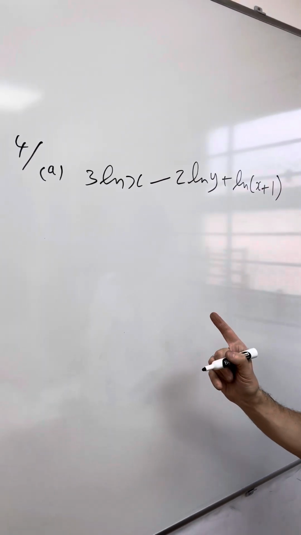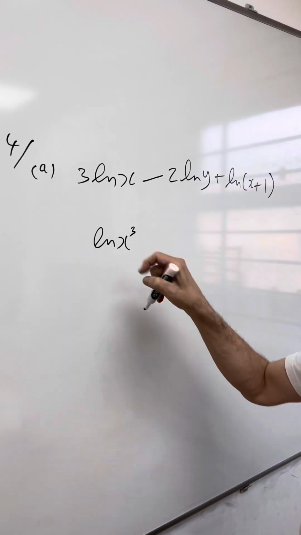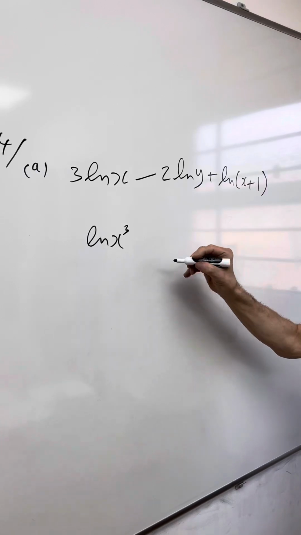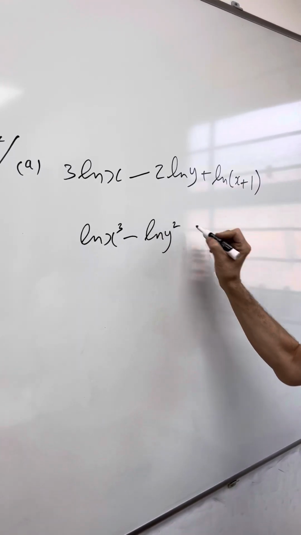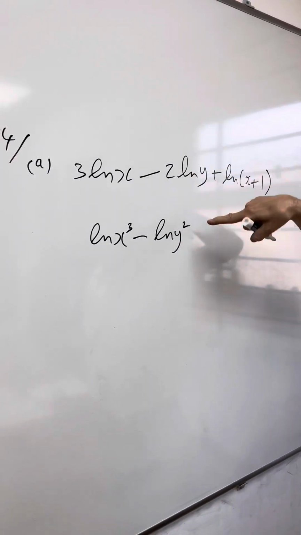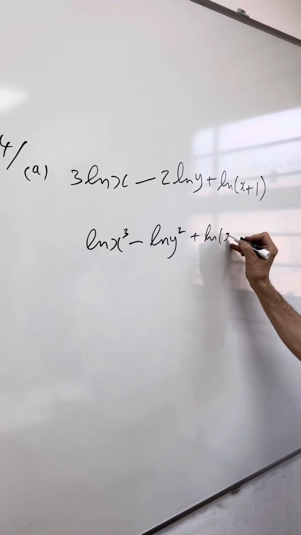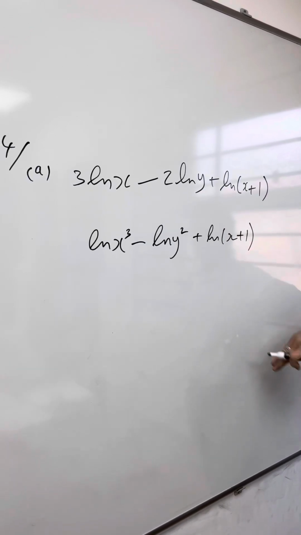That's one of our 3 results that we just summarized. So that's your n, and that becomes the exponent of the power. Minus, again the same thing here, ln y squared. The coefficient becomes the power, and that's ln of x plus 1 collectively.